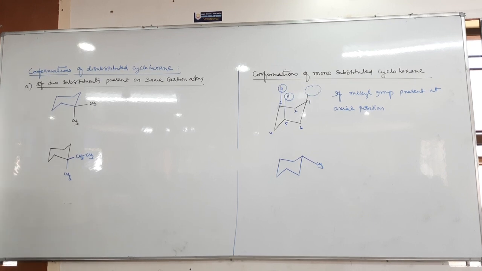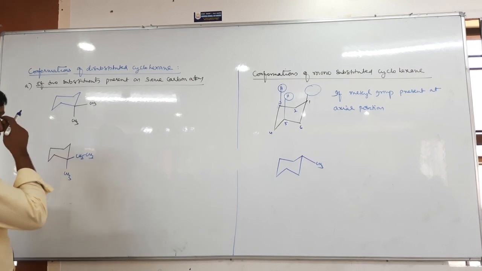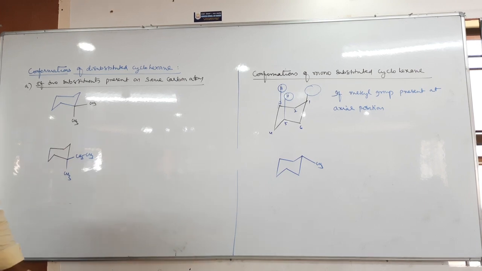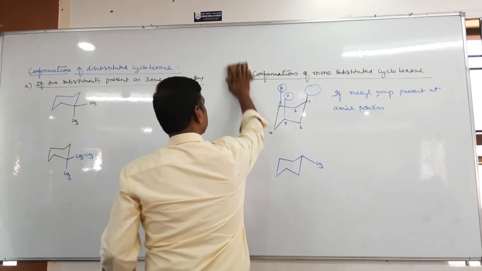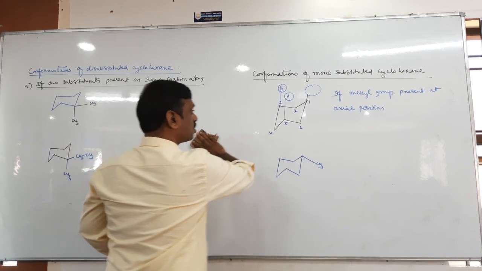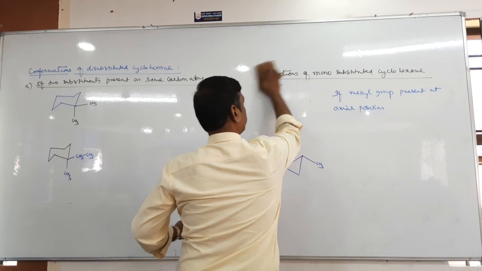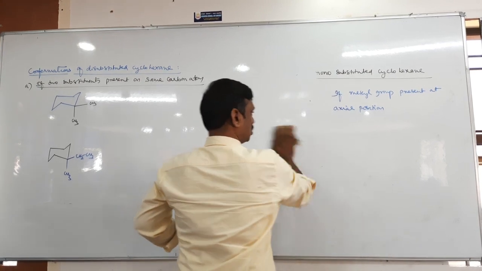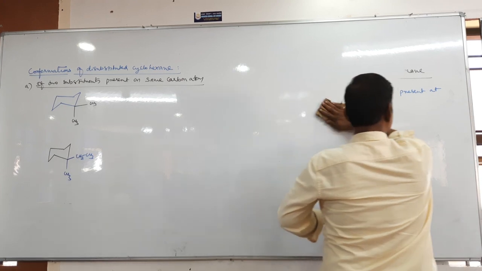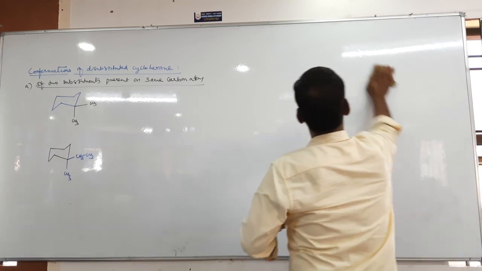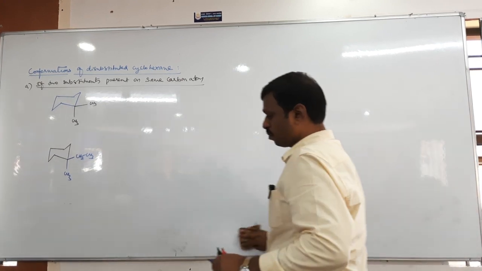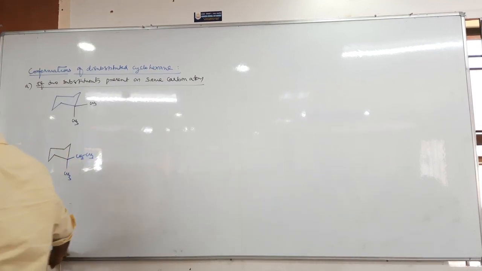Next point, if the two substituents are different, the smaller substituent should be present where? On axial position.